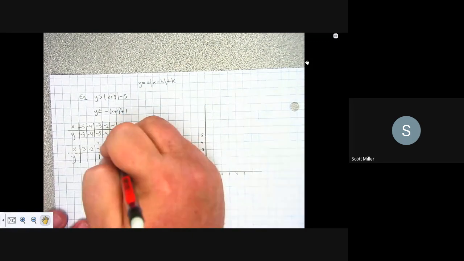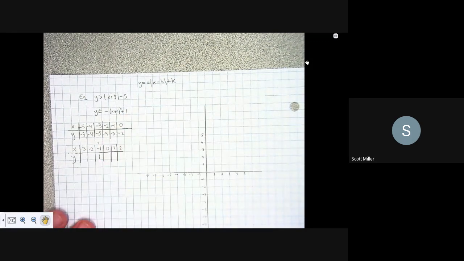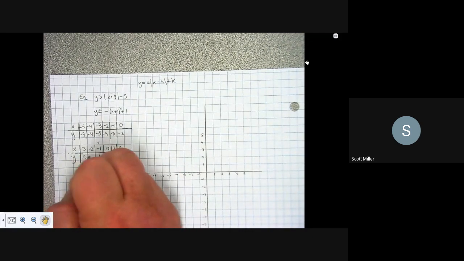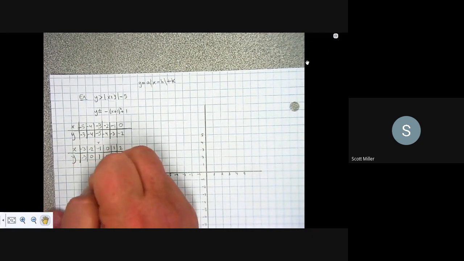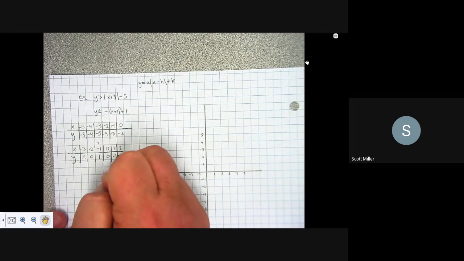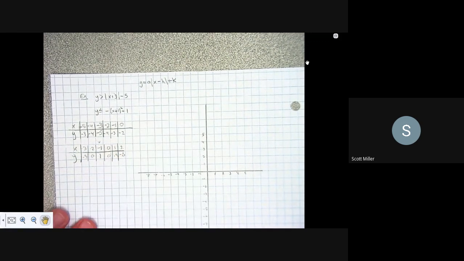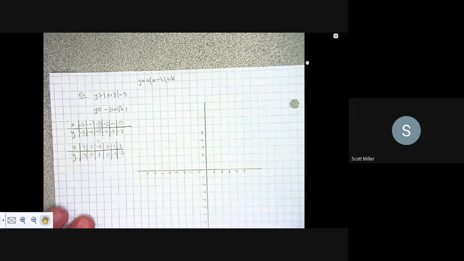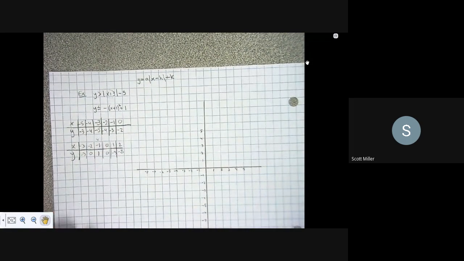And we might go one more over here just to make sure. Plug these numbers in and solve it out, then we get -3, 0, 1, 0, -3, and this is -8. Again, to find those values, you just plug them into your equations and find the y values to go with it. So let's go ahead and graph this.